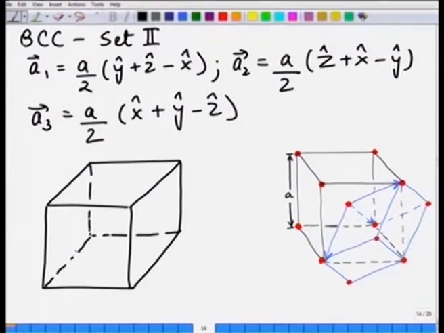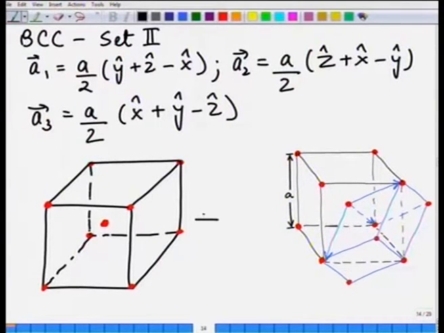So, I have lattice points at the corners, and one lattice point of course is there in the center also. But now notice what I have done.